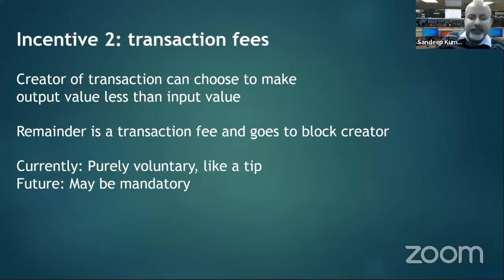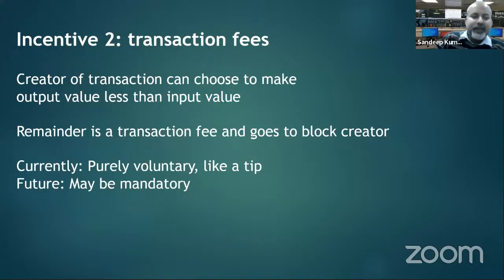So for every transaction, let's say I'm giving Amazon 1 Bitcoin, I can say that whoever creates the block will also get 0.003 Bitcoin as transaction fee. So whoever makes the next block will collect all the transaction fees.